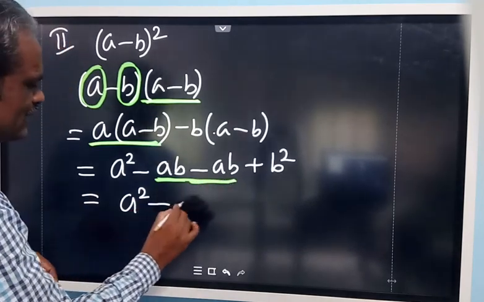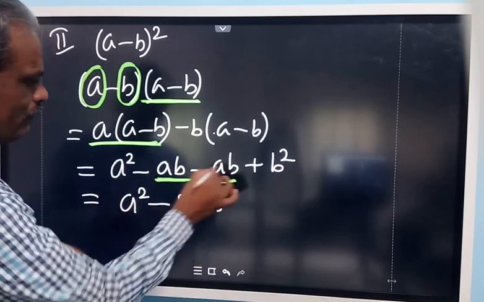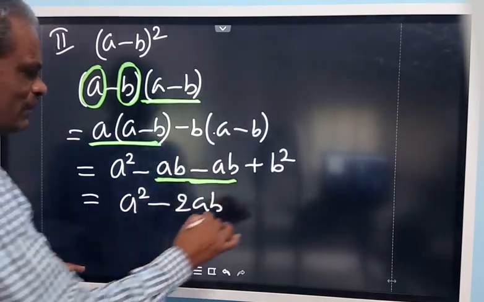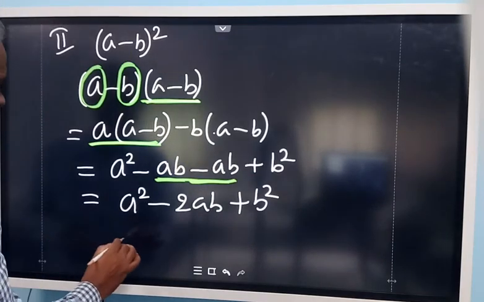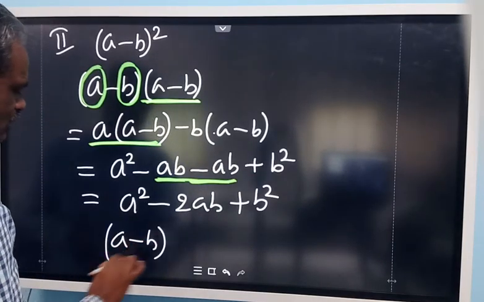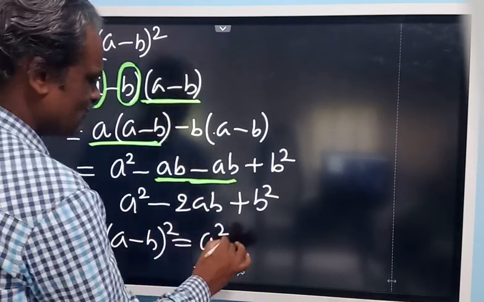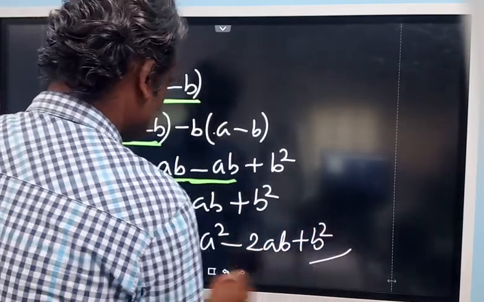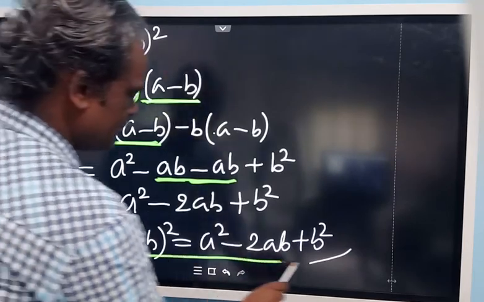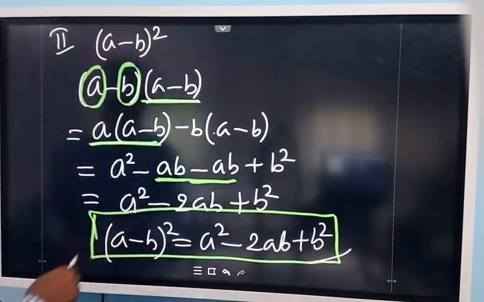I will write minus 2ab. 1ab minus 1ab, total minus 2ab. Then the last term is b². So this is the identity, (a − b)² = a² − 2ab + b². This is the second important identity.